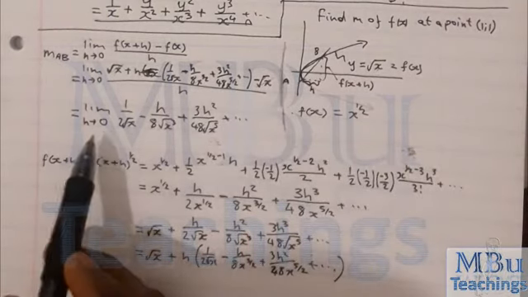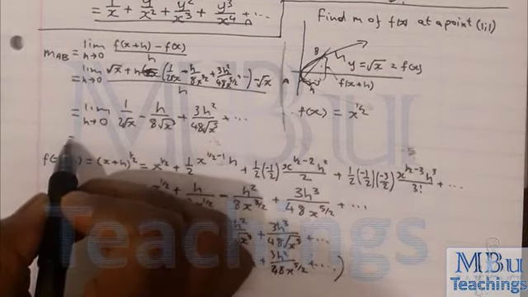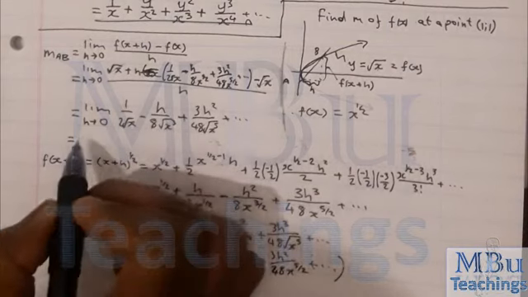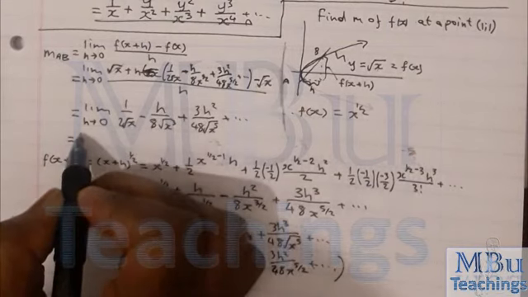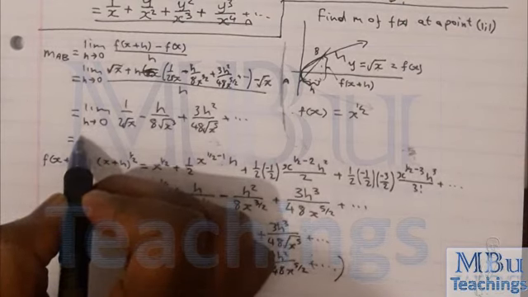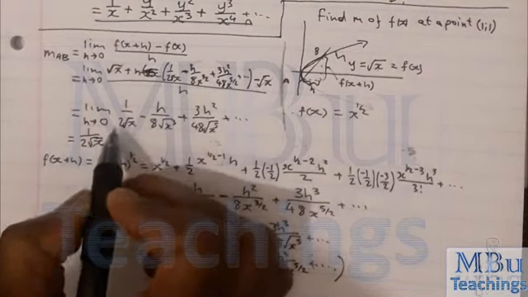Then now you can bring 0 everywhere, so you end up having, the moment you bring that 0, you no longer write the limit. Therefore, this will be 1 over 2 root x.